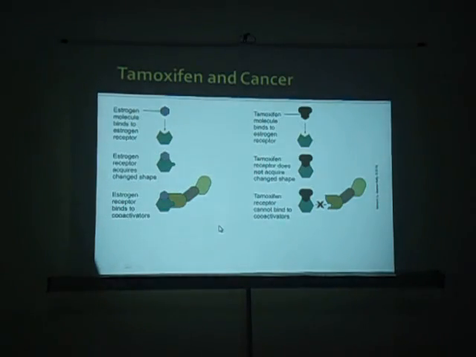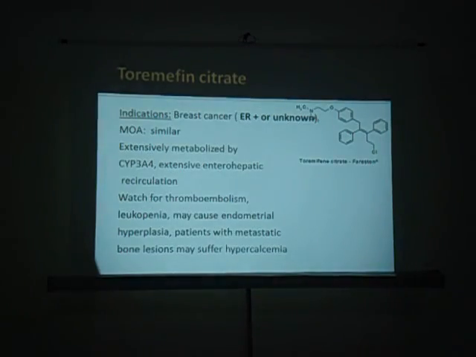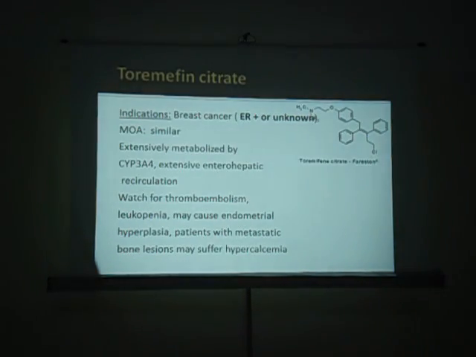Here you can see the tamoxifen receptor does not acquire the change in shape which is necessary for the binding of these coactivators. So toremifene citrate is used in breast cancers. In breast cancers we have estrogen receptor positive and estrogen receptor negative cancers.